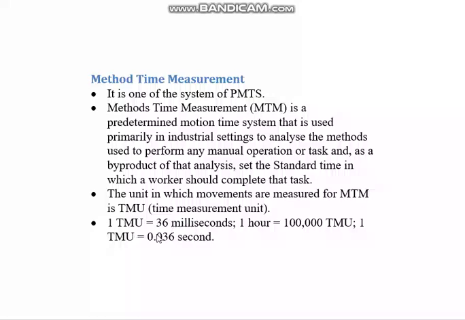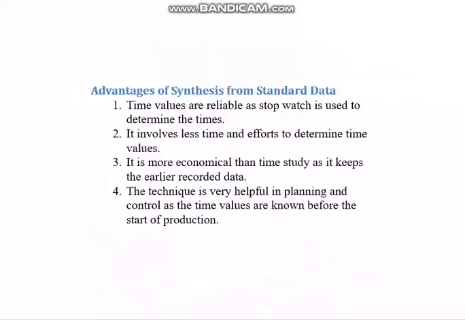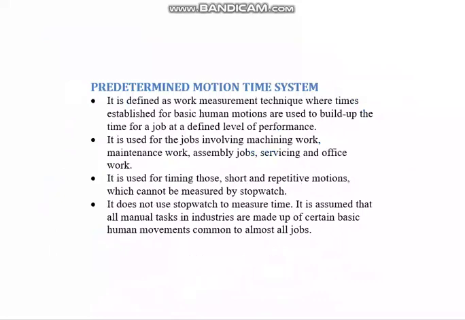So one TMU is 36 milliseconds, or one TMU is 0.036 seconds. You see how small this is. That means if 1 hour is divided into 1 lakh time measuring units, then you can understand how small these measurements are. So this is about the PMTS, predetermined motion time system.